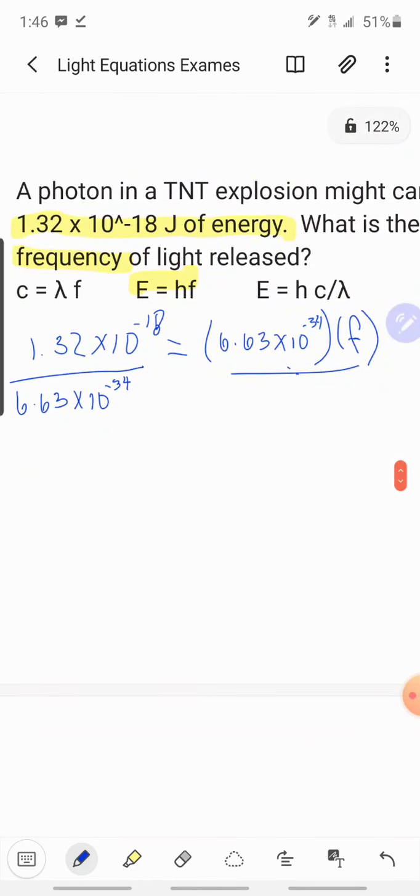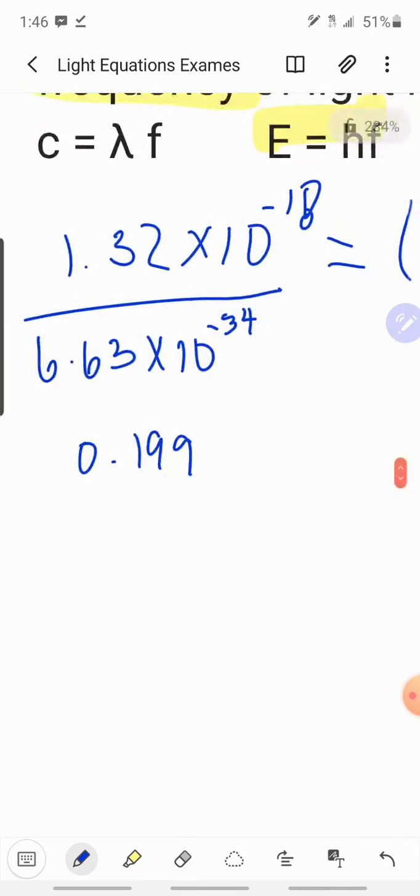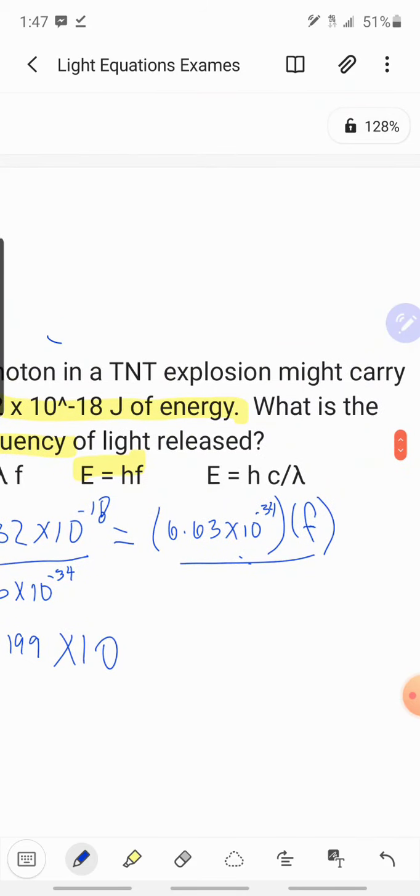So if I calculate this manually, I'm going to put 1.32 divided by 6.63, which gives me 0.199. And so our exponents are on top of each other. So I'm going to do minus 18 minus 34, which gives me 16.